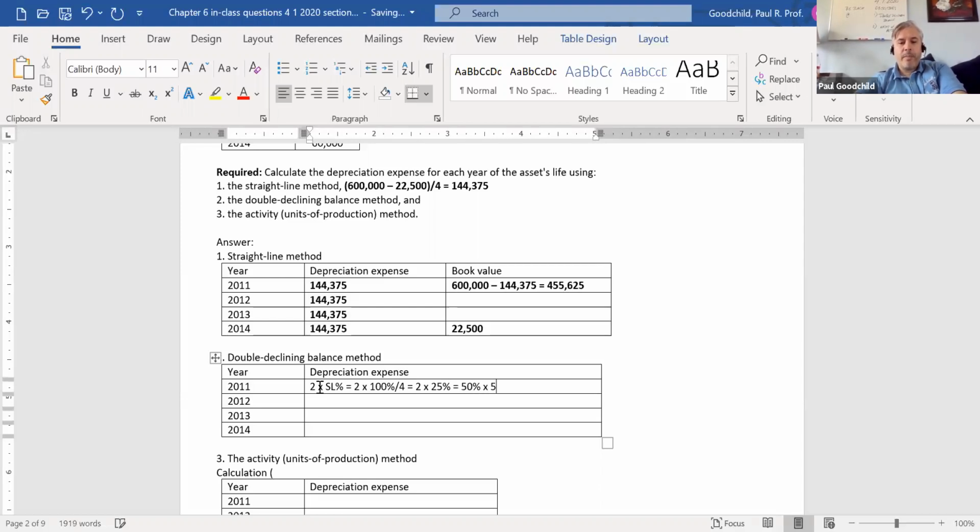We multiply that by 600,000, which is our book value, and we get 300,000 for our first year.